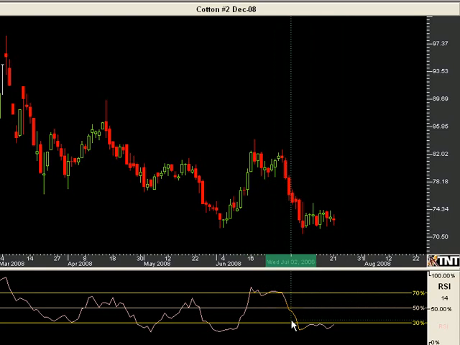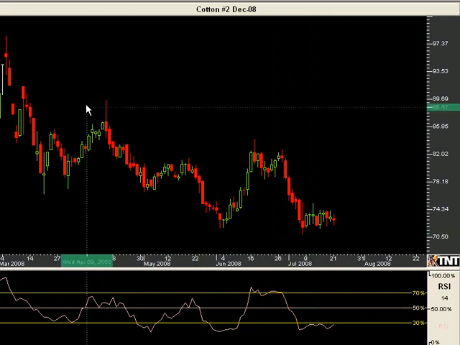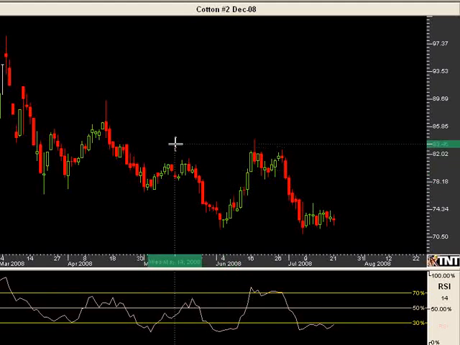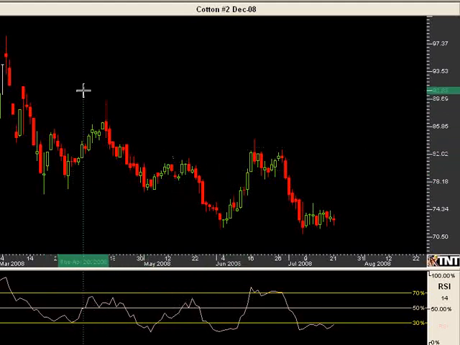But perhaps my favorite way of using this indicator is to find what I call test points. And test points are merely trendline reactions. So what I would do in an instance like we see here in December cotton, we have a market that has been in a bit of a downtrend. We can tell this quite easily just by looking at the chart.